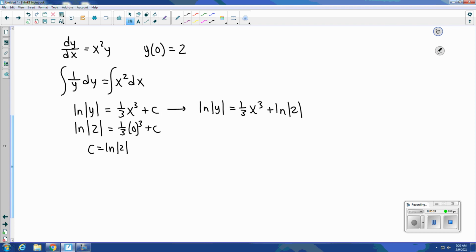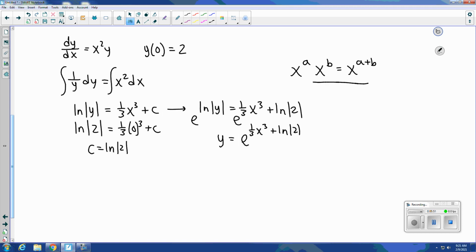Solving for y. To get rid of that ln requires an exponentiation of base e. So we're going to put base e on both sides. We'll get y on the left side. We're going to get e to the 1/3 x cubed plus ln of 2. Now here, exponent rules. We know that when we take two numbers of the same base multiplying together, we can condense this to one by adding the exponents.